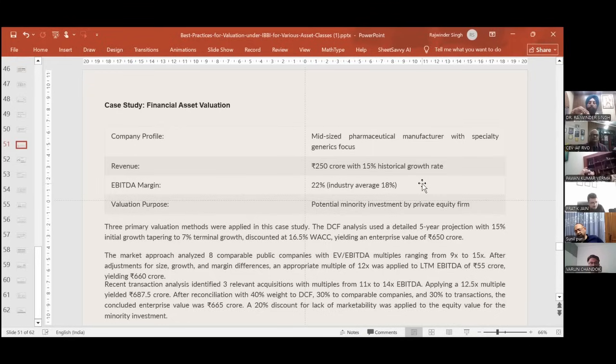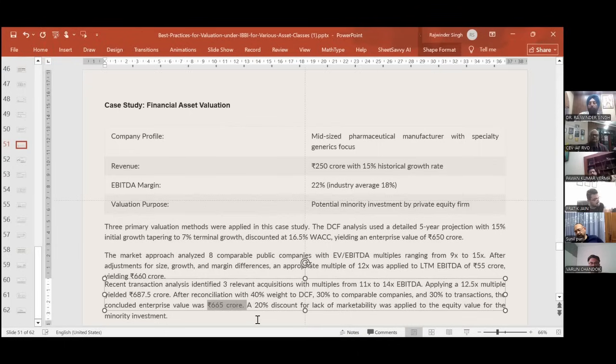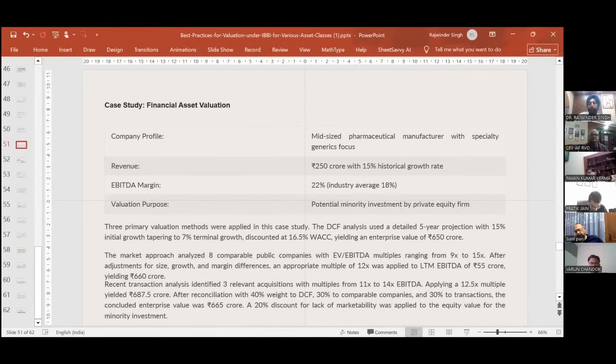After reconciliation with 40% weightage to DCF, 30% to comparable companies, and 30% to the transaction analysis, the concluded enterprise value was 665 crore. A 20% discount for lack of marketability was applied to the equity value for the minority investment.